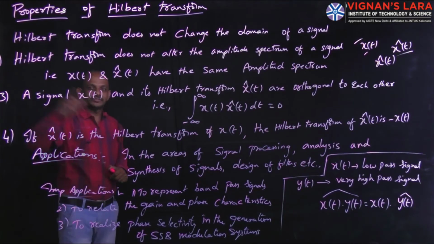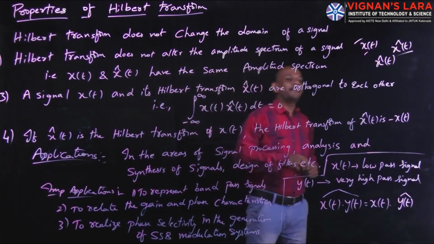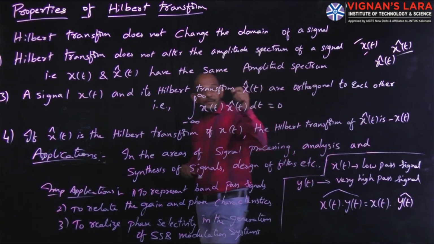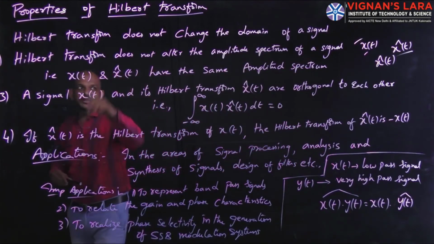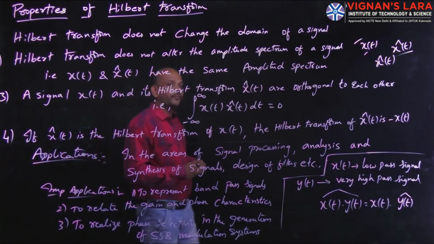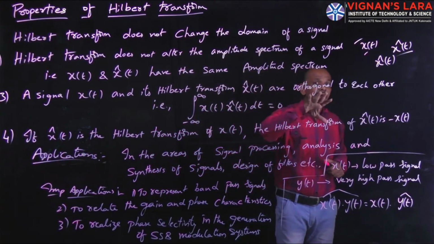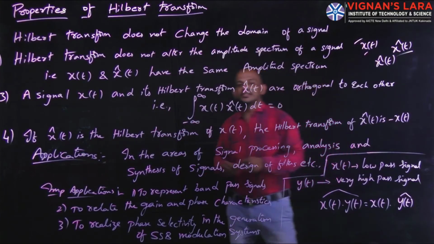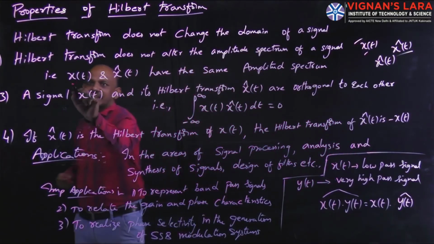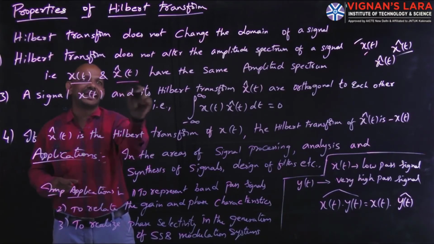Okay, next one. The Hilbert transform does not alter the amplitude spectrum of a signal. Consider the signal as x of t and its Hilbert transformed signal as x cap of t.